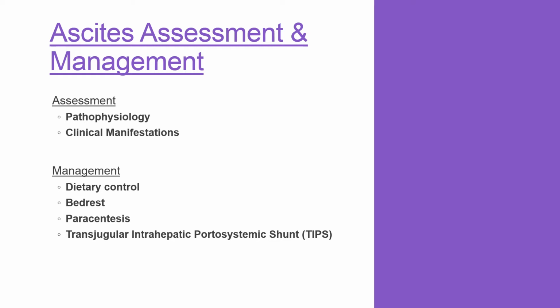Some of the symptoms that the person may have will be shortness of breath, abdominal striae, distended veins all over the abdominal wall, umbilical hernias, fluid and electrolyte imbalances, increased abdominal girth, and rapid weight gain.